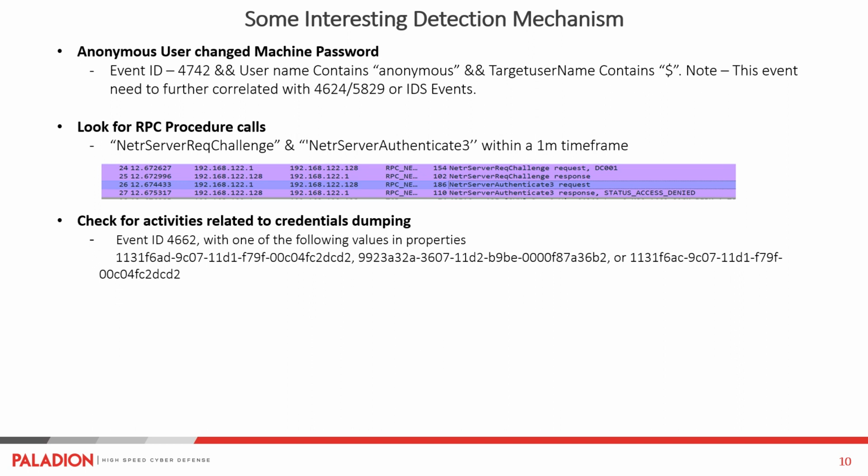So you should see change-related behavior on an account. 4742 is the event ID we should look for, and as this is not triggered by an admin, the activity would be logged as done by an anonymous user. So look for those combinations.